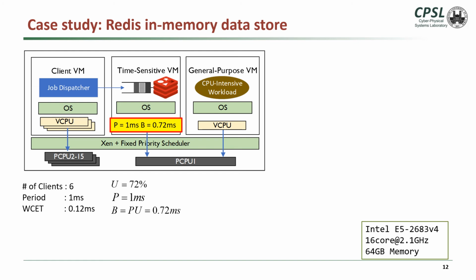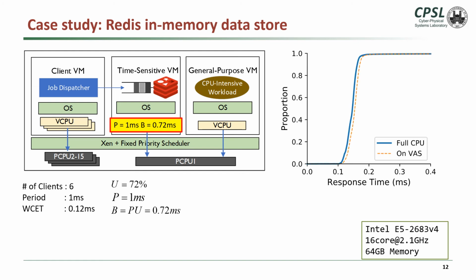And setting that to our vCPU for the time-sensitive virtual machine, you can run this service once on the full CPU and another on our VES, which shares the pCPU with a general purpose virtual machine. And you get the latency distribution, where the x-axis is the response time and the y-axis is the cumulative proportion of the latency samples.